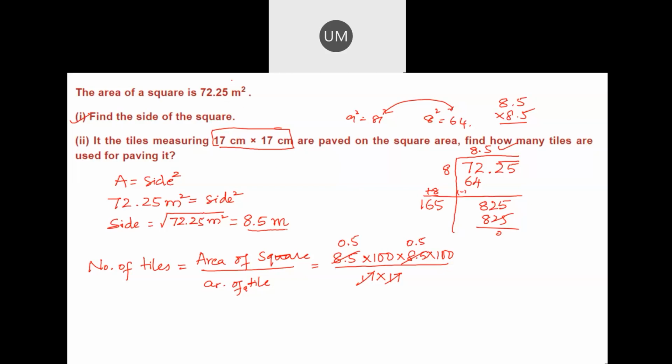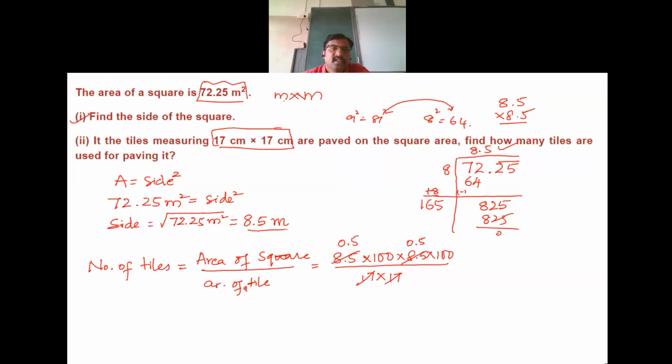Sir, here 72.25 meter square is meter into meter. For 1 meter, it is 100 centimeter. For another 1 meter, it is again 100 centimeter. Here it is 8.5 meter into 8.5 meter, isn't it? So I have written it like that.